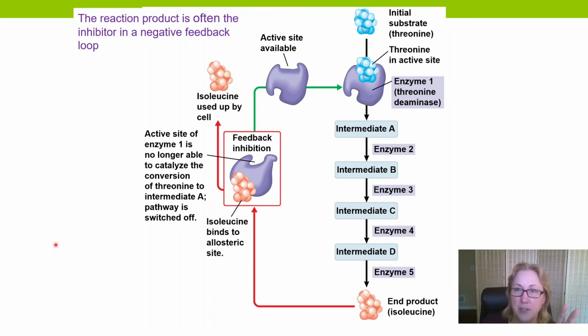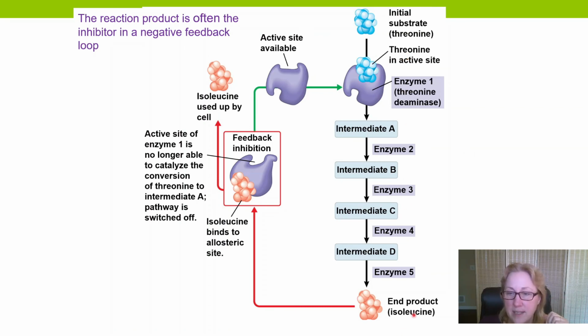All of these inhibitions are reversibly controlled, and very often the end product, or something close to the end product, is actually the inhibitor. So here's another synthesis reaction. Isoleucine is another amino acid that we need to make protein, and threonine is another amino acid that's not used for protein, but is like an intermediate.